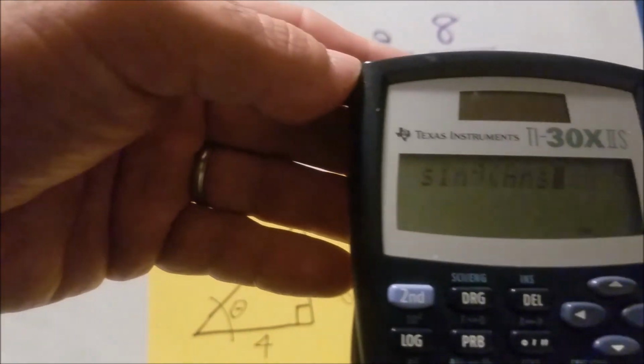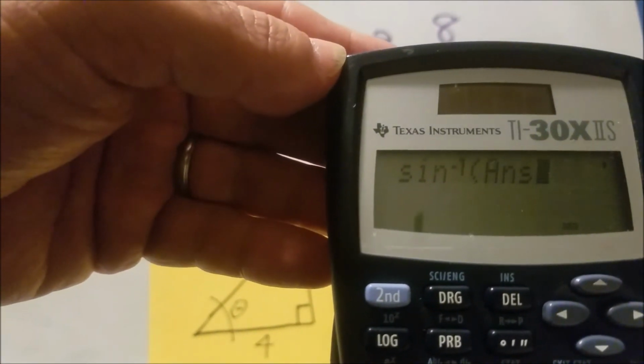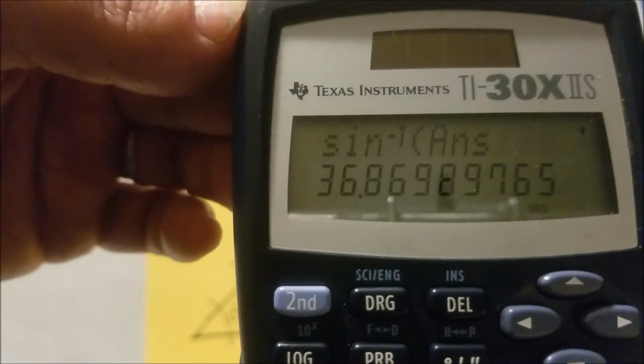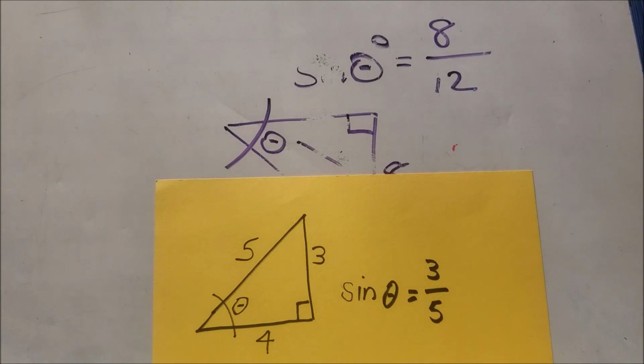So you get that so far. And just press enter. If you press enter, there it is. So that's a fast way of doing it. You can do either way.